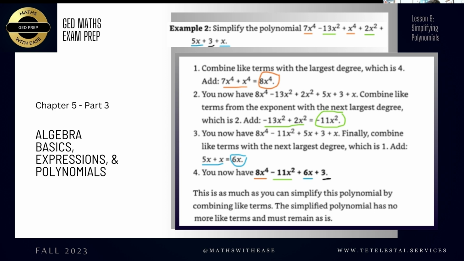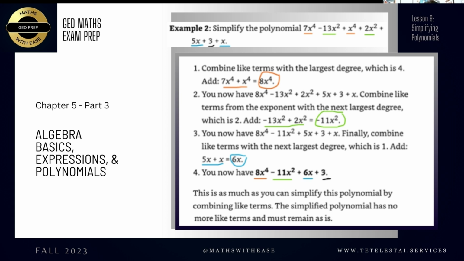When we don't see a coefficient in front of a variable, we assume that coefficient is 1. So 5 plus 1 is 6. That means that 5x plus x is 6x. Then you write down 3 because it's the only constant term in this expression.